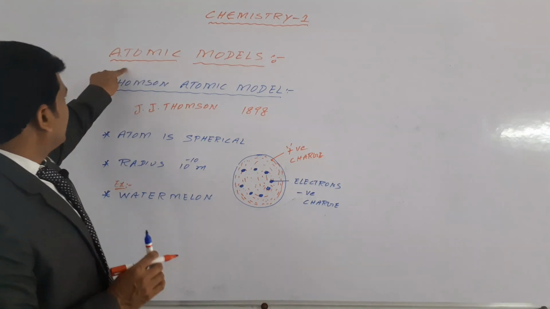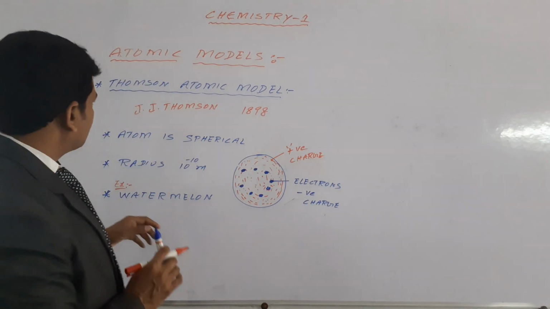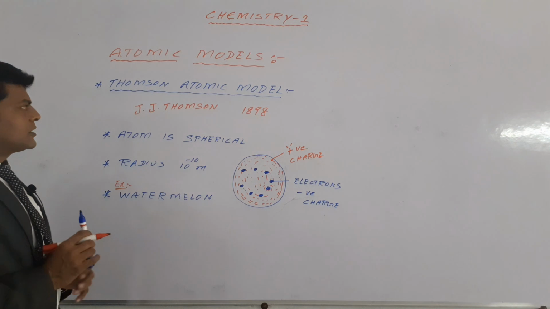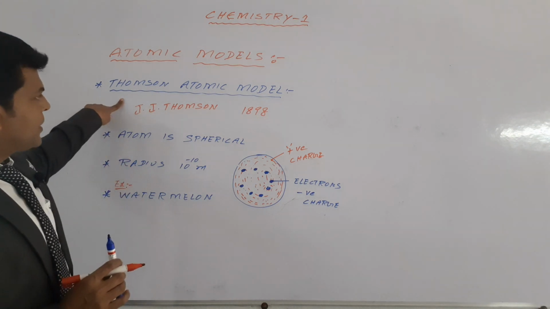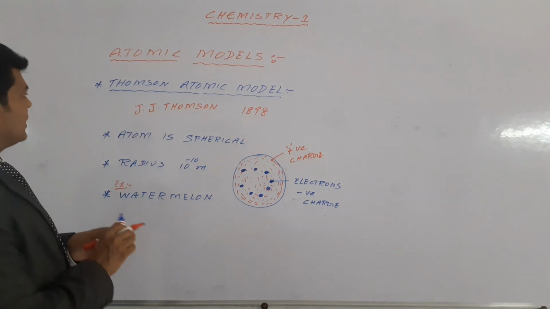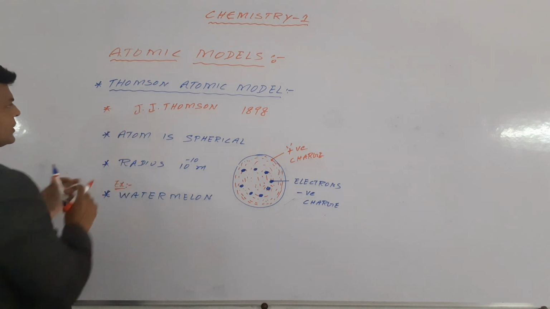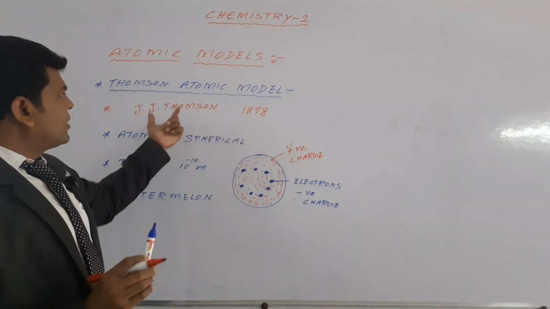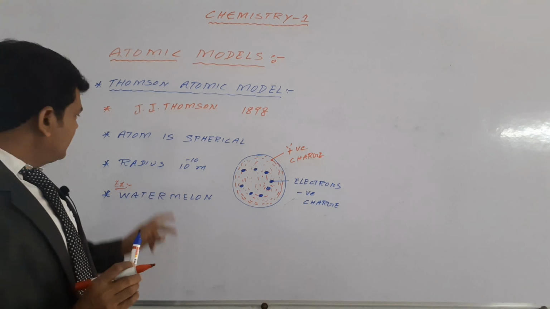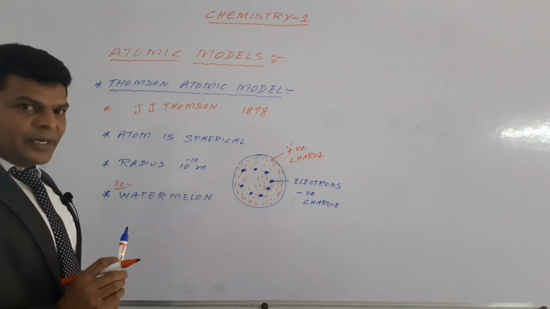Okay, the atomic models, we have to discuss them. The first one is the Thomson atomic model. Thomson proposed his atomic model in 1898. According to Thomson, the atom is a sphere with radius 10 power minus 10 meters.